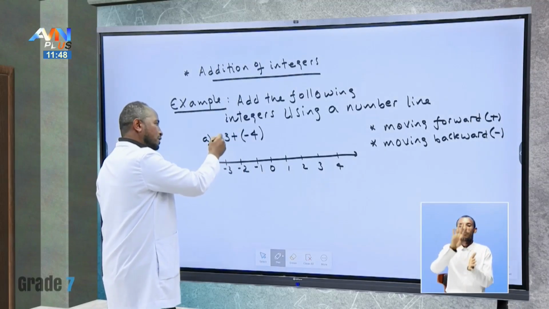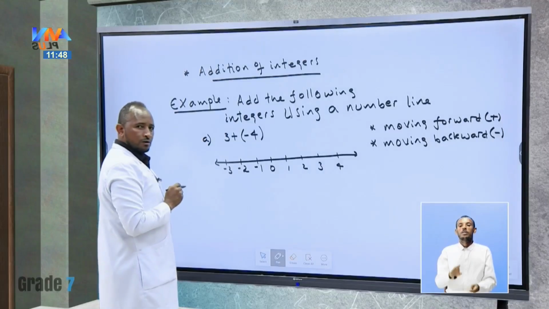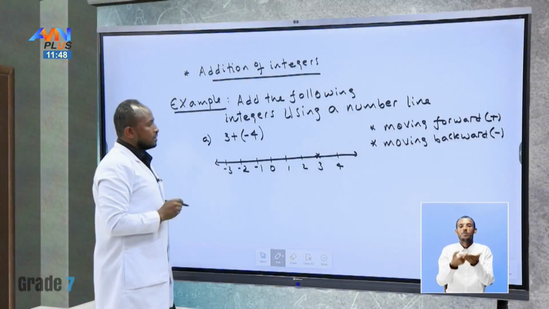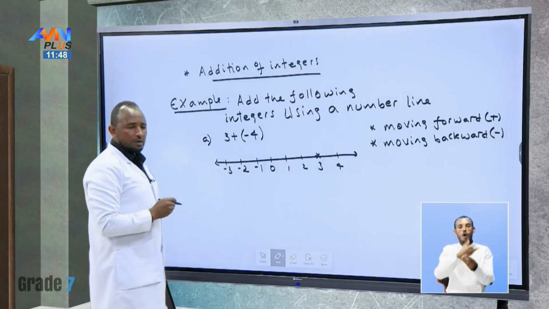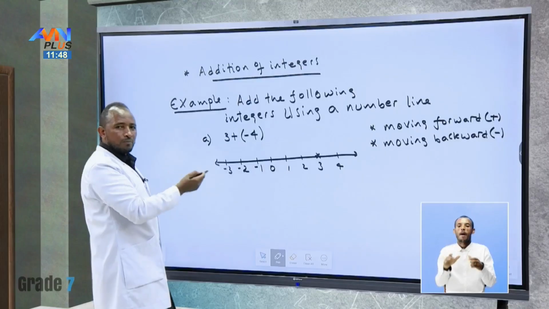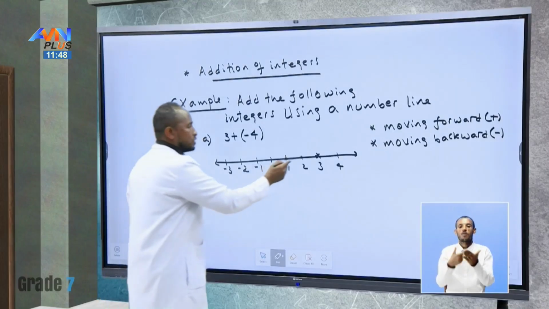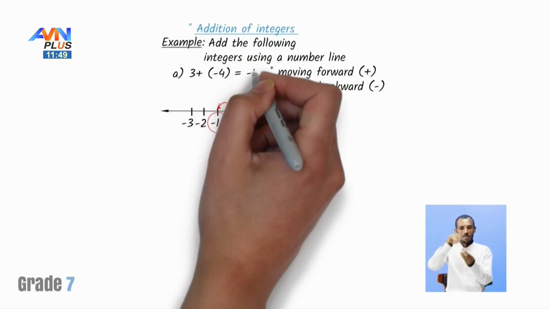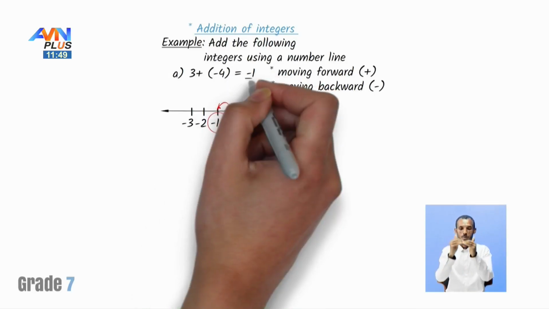On 3, you add -4. Adding -4 means you move 4 units backward. -4 means moving back. Therefore, from 3, you move 4 back: 1, 2, 3, and 4. So you get the final answer.